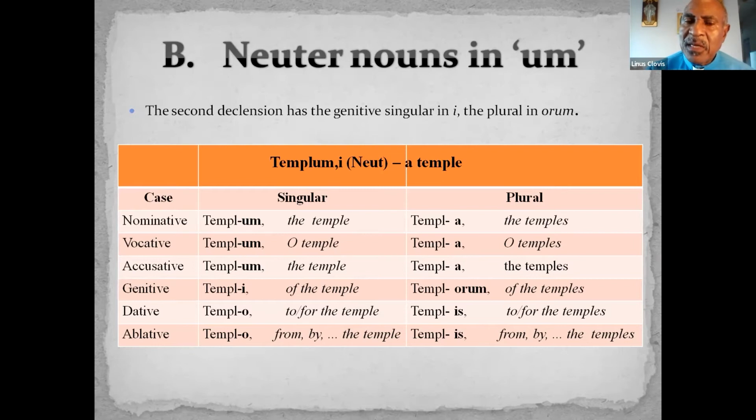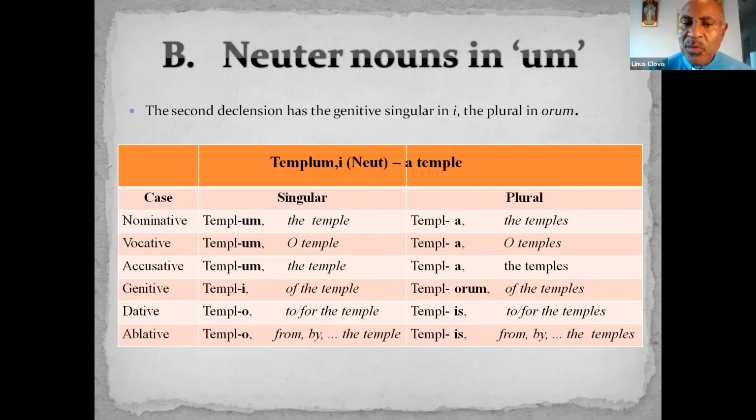The feminine nouns are basically the names of trees. So they're not going to crop up too often, but there are other words that do come up sometimes. But we need to focus on a lot of the neuter nouns of the second declension because they end in um.